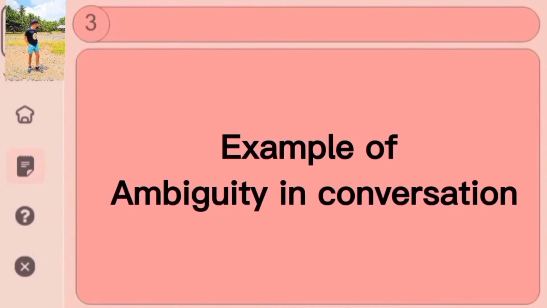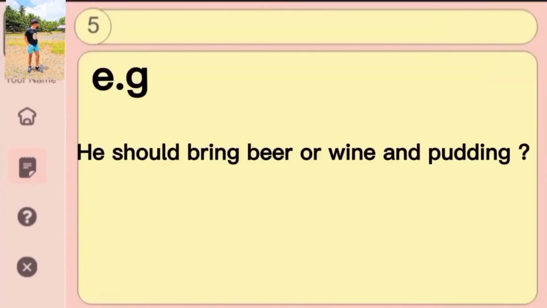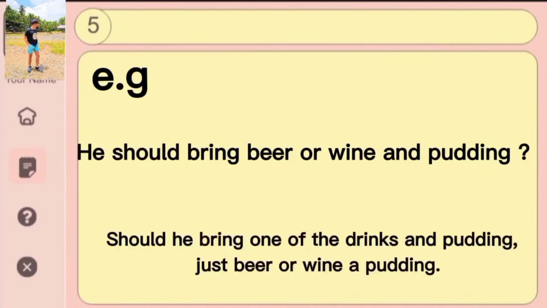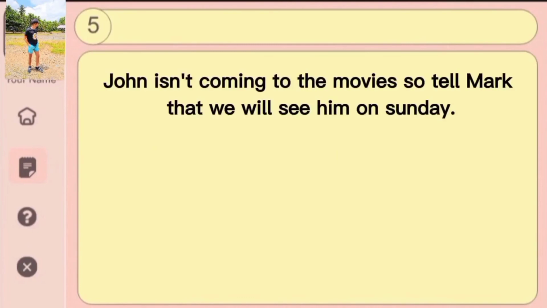So there are some examples of ambiguity in a conversation. The first sentence is, you should bring a beer or wine and pudding. This sentence could be taken in a few ways. Should he bring one of the drinks and pudding? Just beer, or wine and pudding? The second sentence is, John isn't coming to the movies, so tell Mark we'll see him on Sunday.